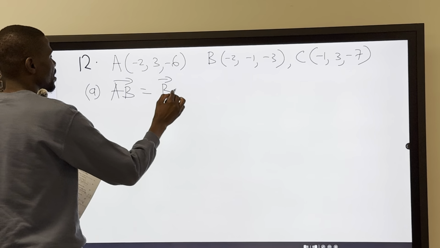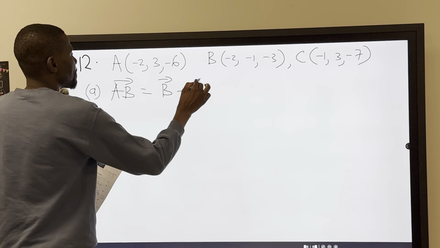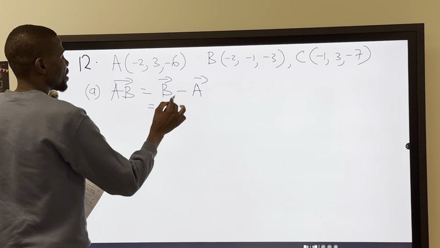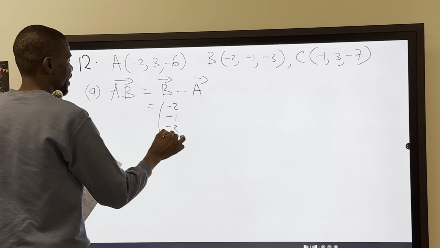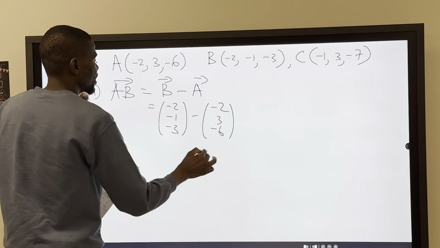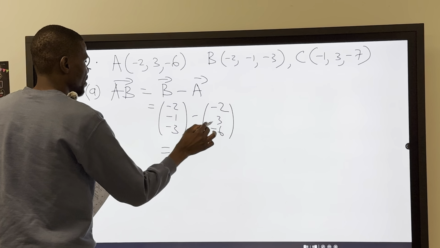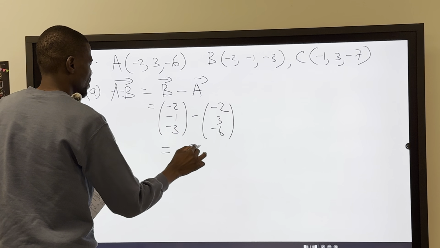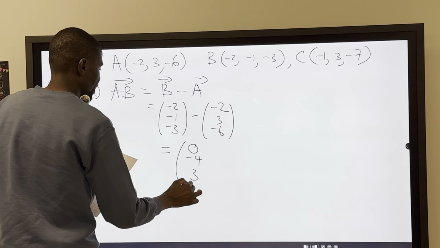Okay, so it's going to be B minus A. Our B is (-2, -1, -3), subtracting A, (-2, 3, -6). Here it's (0, -4, 3), right?